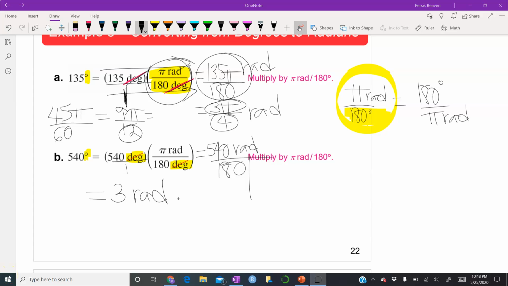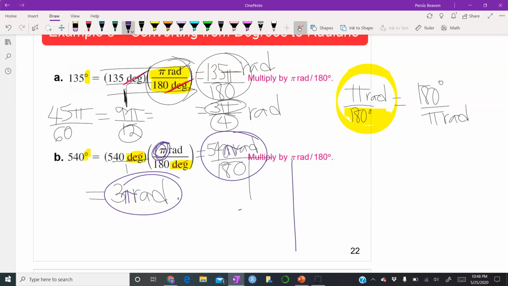And actually, I want to correct this. It should be 540 times pi. So it's 540 pi radians. So if we were to simplify that, 540 divided by 180, yes, it will be 3, but we still have the pi over there.